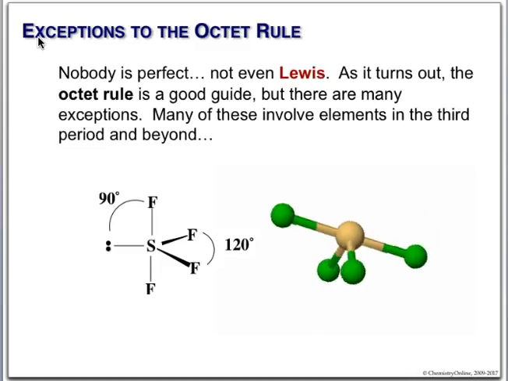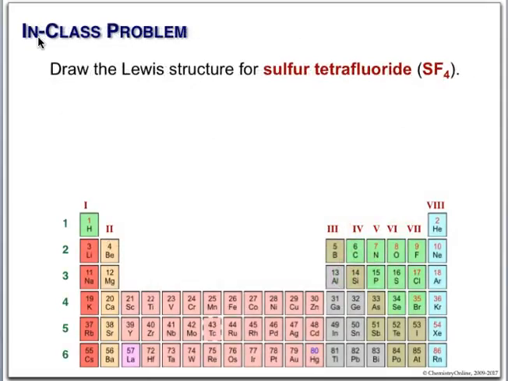Now let's see where our bonding comes from in SF4. We have sulfur. It's in group 6, so it has 6 electrons. We have fluorine here, not oxygen.